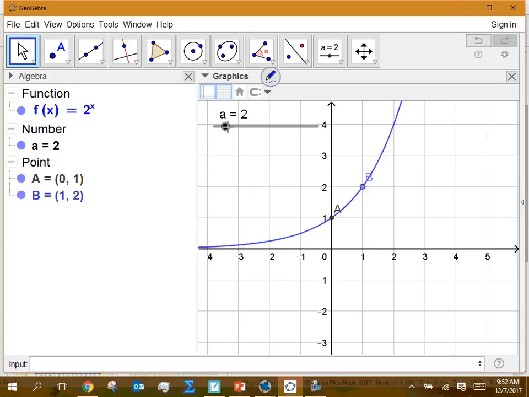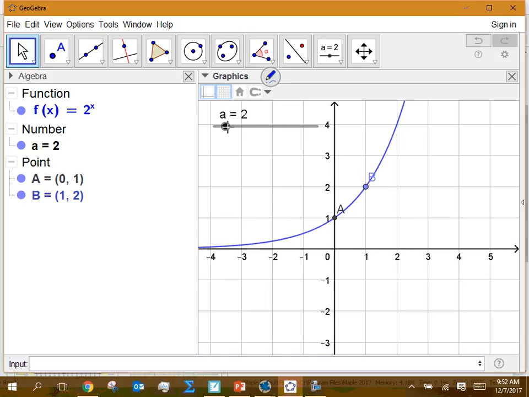So if I'm at 2, I got the point 1, 2, right? Because 2 raised to the first power is 2, x being the exponent, so 2 to the first is 2. Well, 3 to the first should be what? 3. So look at that ordered pair, 1, 3, right? So if I go x to be 1 again, but now it's 4 to the x, I would get 1, 4, right?